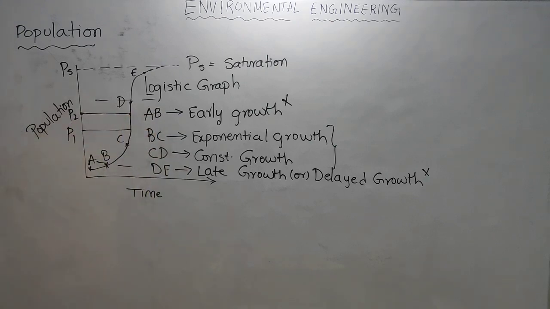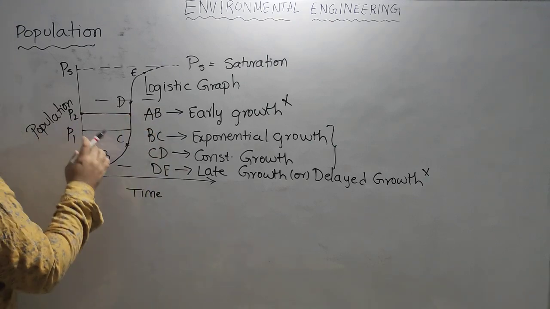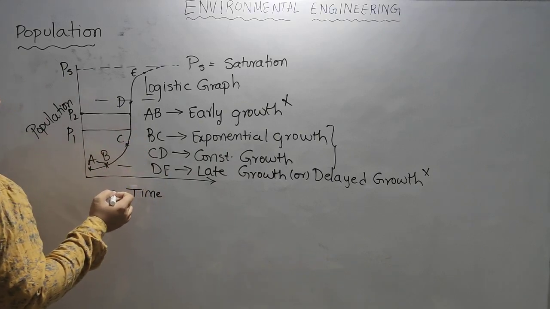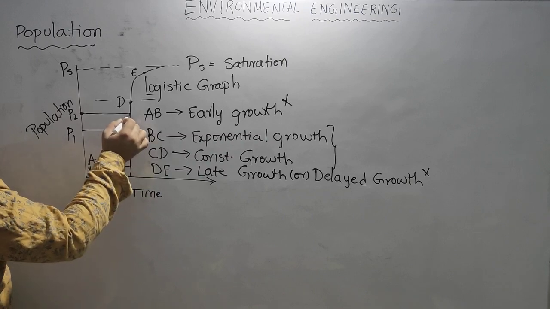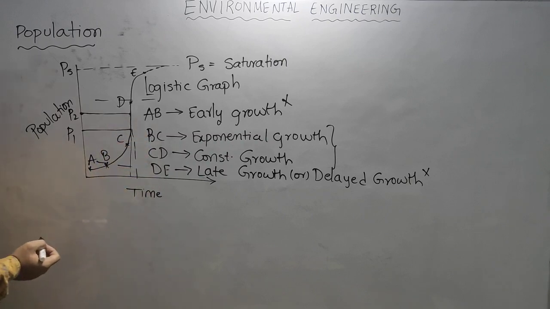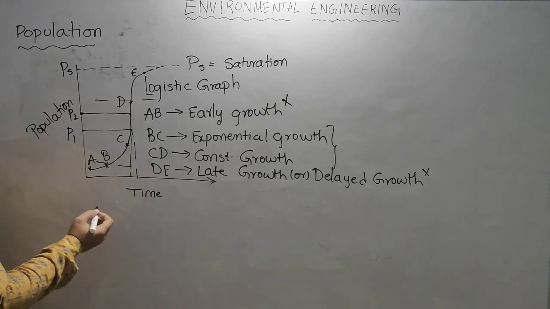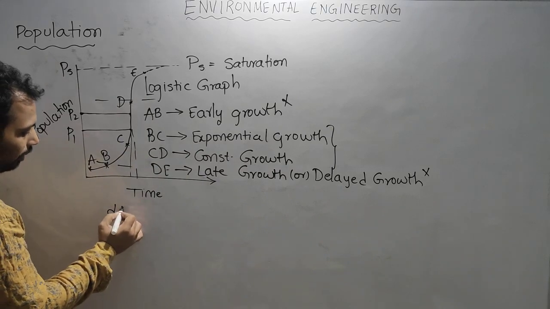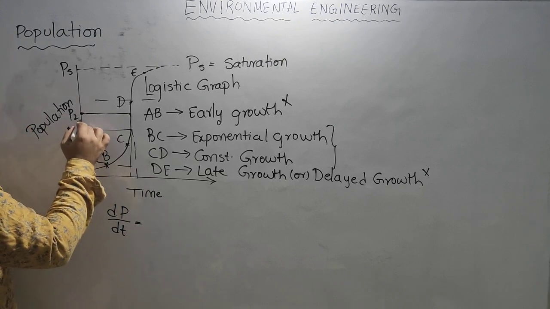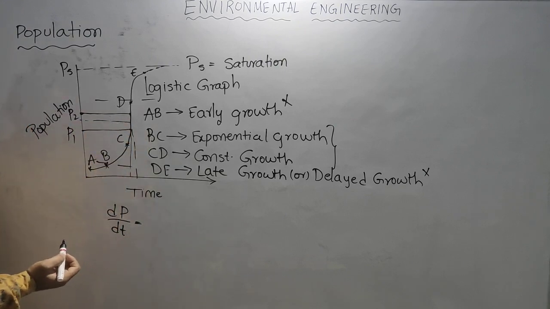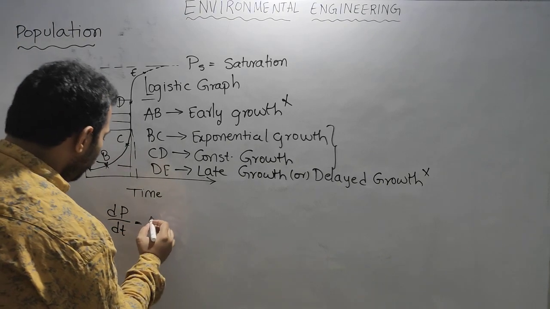If you look at this, dP, and what is this? The time difference, a small time difference here. So dP by dt. Any population you take, this dP by dt will be constant here.